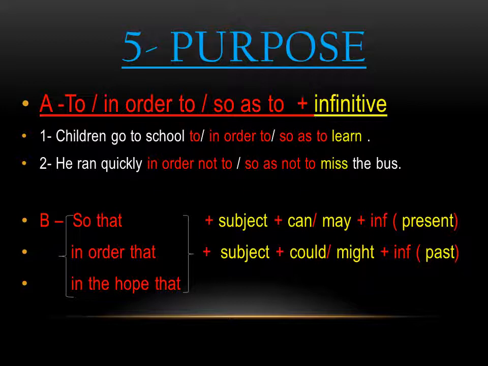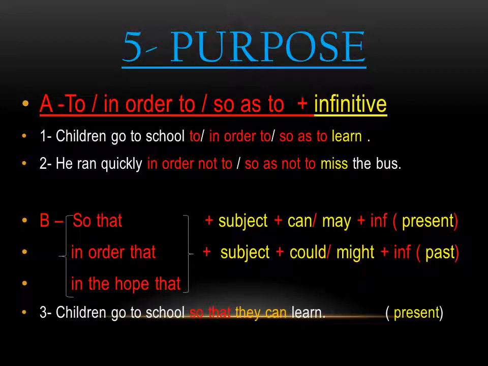To is followed by an infinitive, but with so that, in order that, in the hope that, you will have a clause. The clause should have this form: if the sentence is present, we have subject plus can or may plus infinitive. And if the sentence is in the past, you should use subject, could, might plus infinitive.